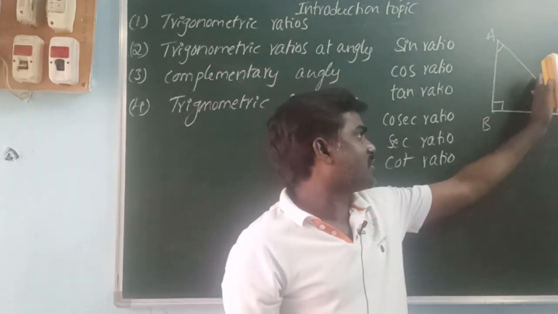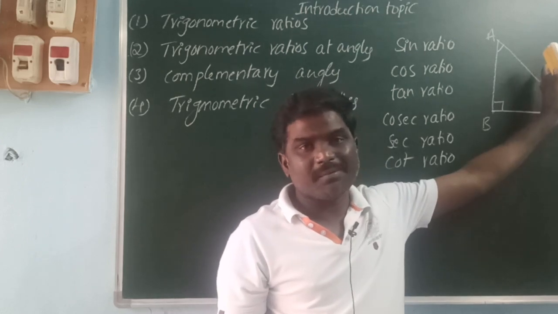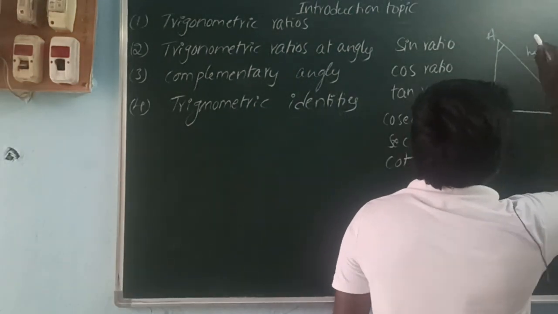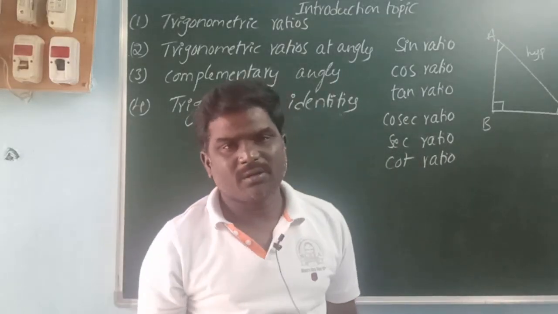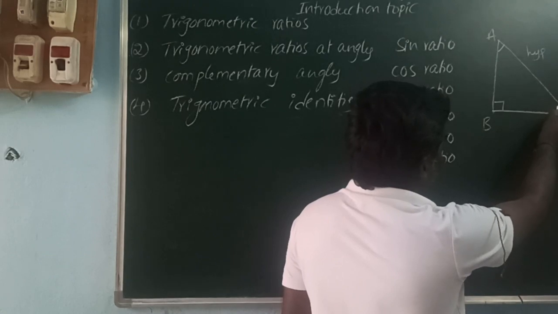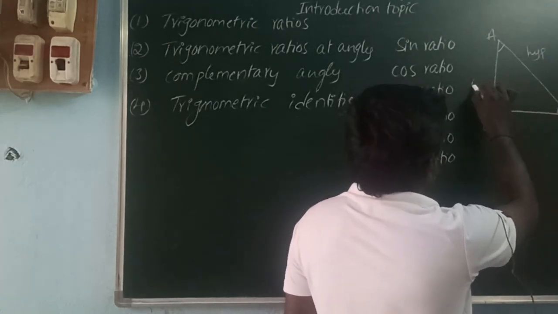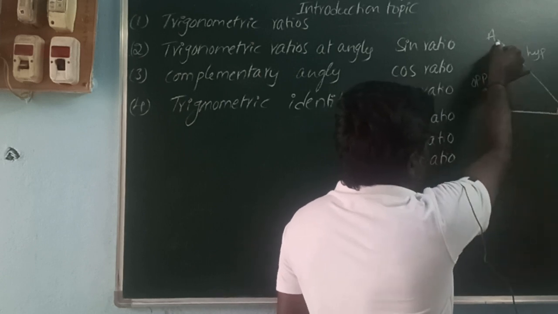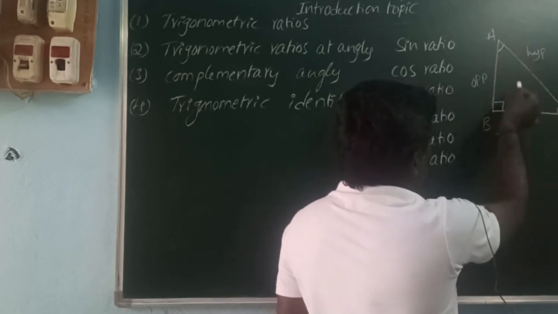The side which is opposite 90 degrees is called the hypotenuse. So AC is the hypotenuse. The side which is opposite to the given angle is called the opposite side. So here for the angle C, what is the opposite? AB. For the angle A, what is the opposite?